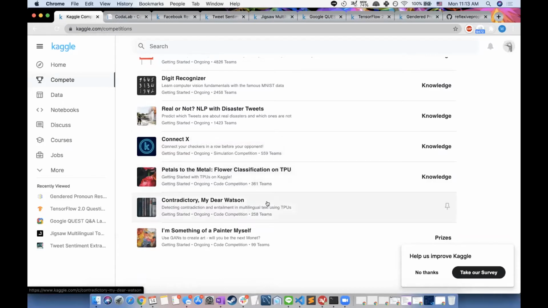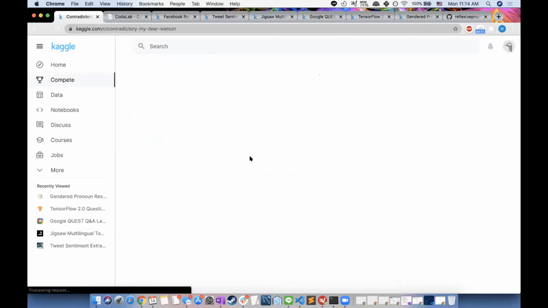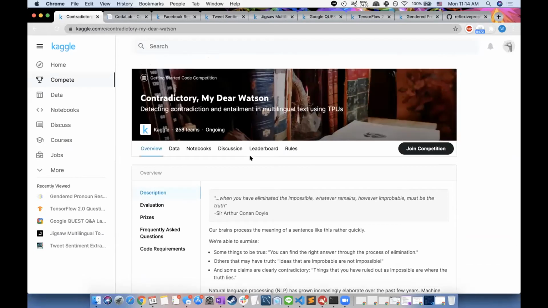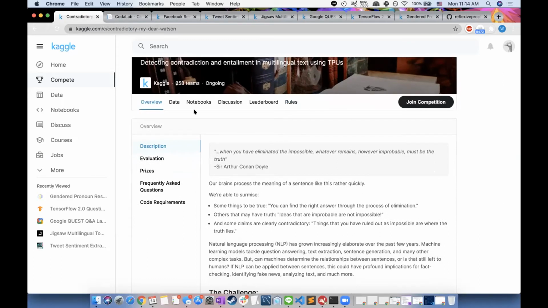Got it. Understood. Okay, so it looks like this is a live competition, and this is NLP, obviously, multilingual text, Contradictory, My Dear Watson, detecting contradiction and entailment in multilingual text using TPUs.